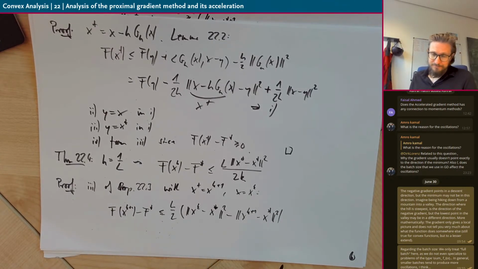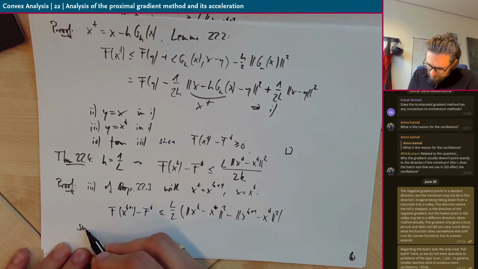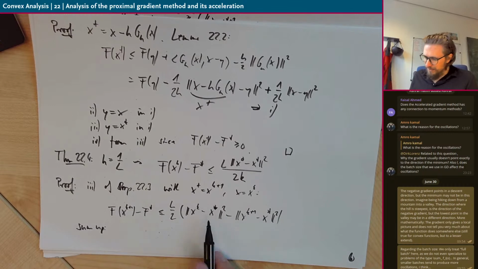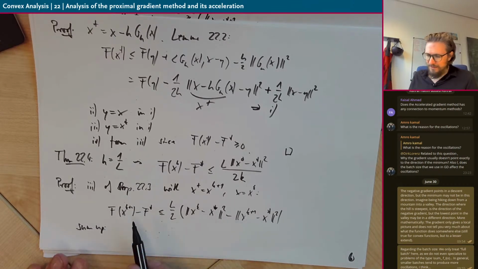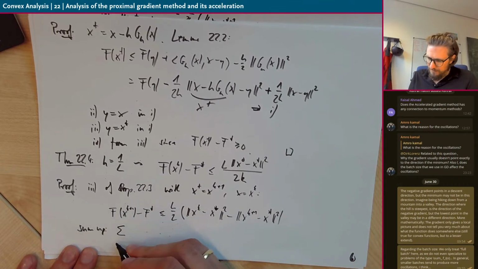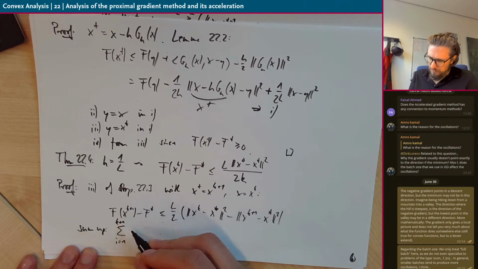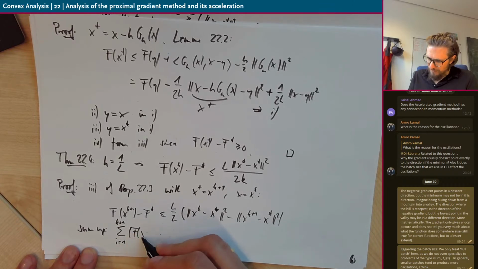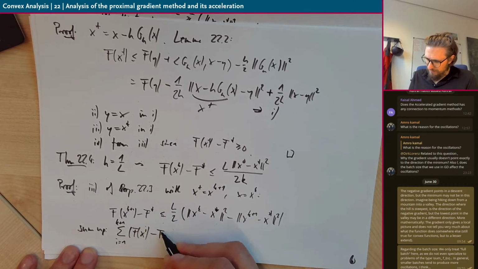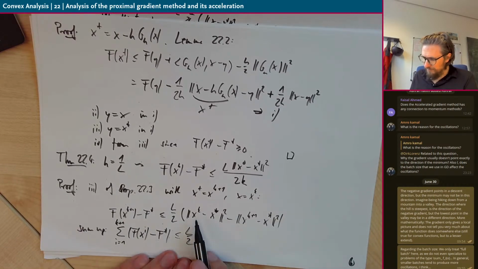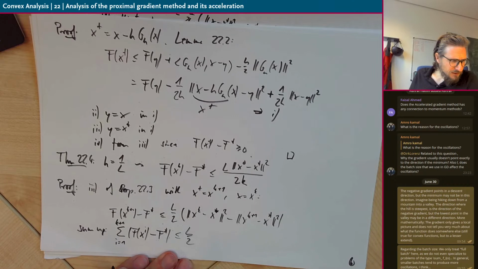Now we sum up again. It's always good to sum inequalities up if something's going to cancel, or at least you have under control what adds and subtracts in each step. So here we have the telescoping happening on the right hand side, and here we just sum everything from, say, 1 to k plus 1, and you end up with f of xi minus f star smaller equal to, constant remains, and the first or the last.